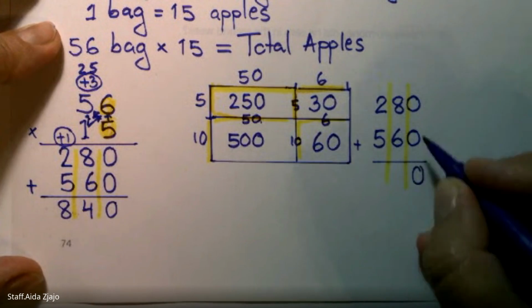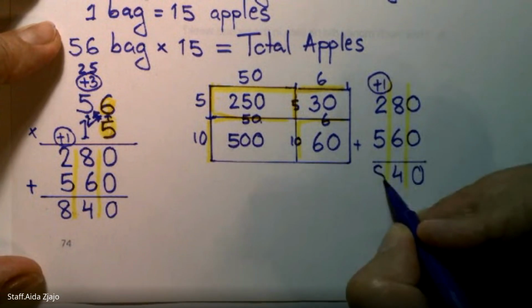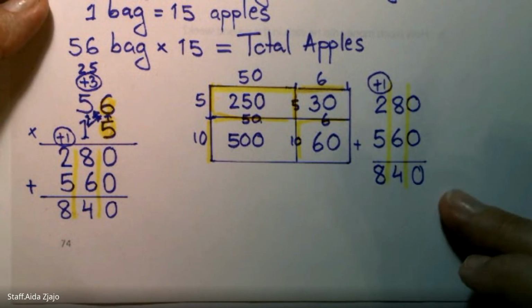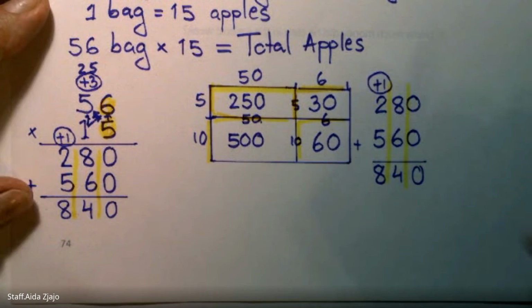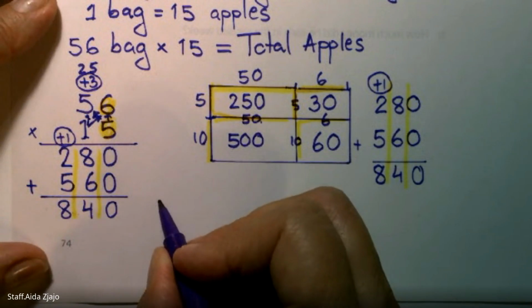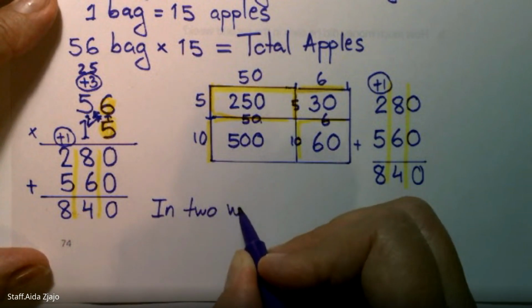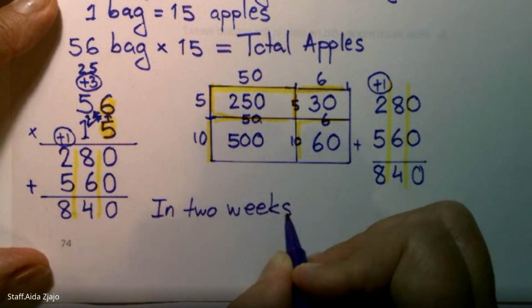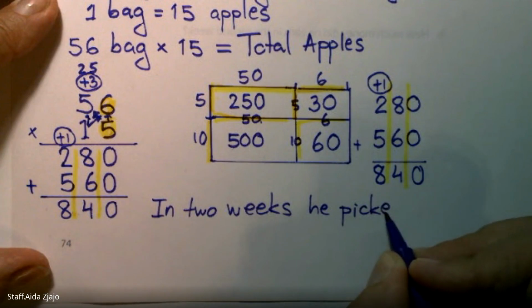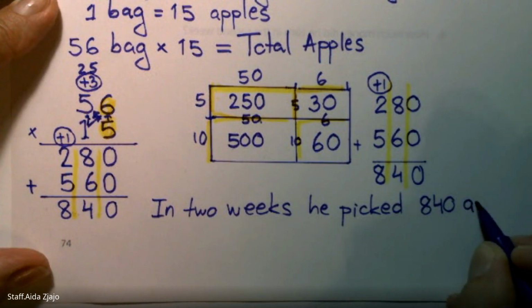So he picked 840 apples. So how many apples did he pick in 2 weeks? In 2 weeks, he picked 840 apples.